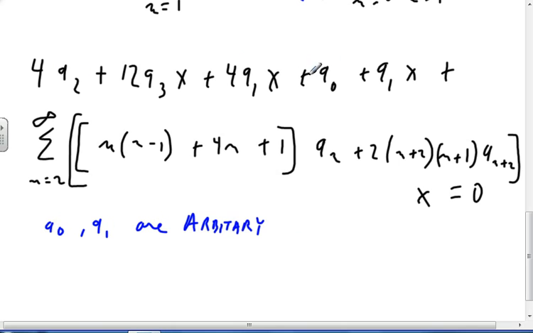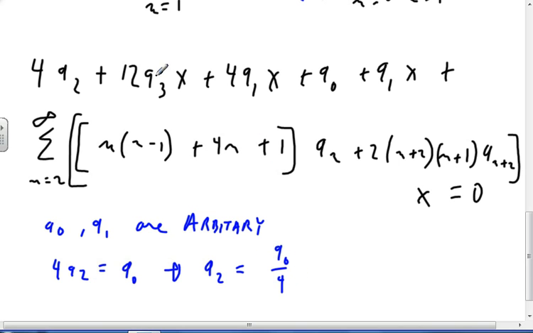I look at the x to the 0 term and I see that 4a2 is equal to a0, implying that a2 is equal to a0 over 4.